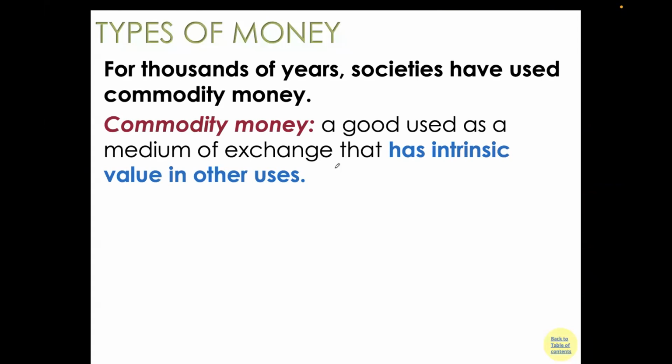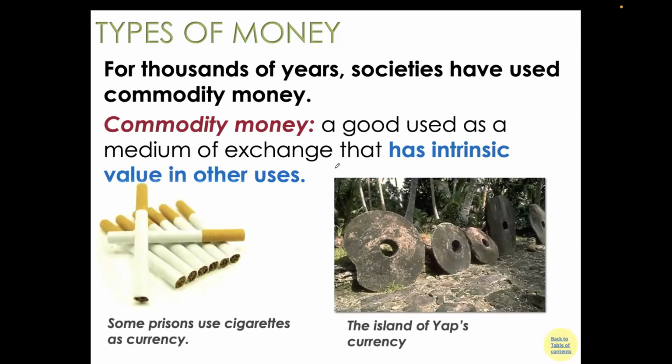Now let's look at the history of money. The first type of money that emerged in human history is called commodity money. This is where the good itself has intrinsic value, but people agree we can use it as a medium of exchange. Here are 2 examples.